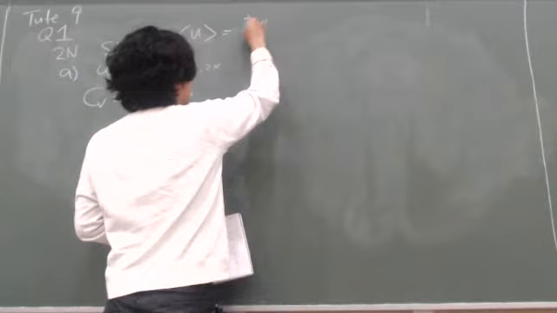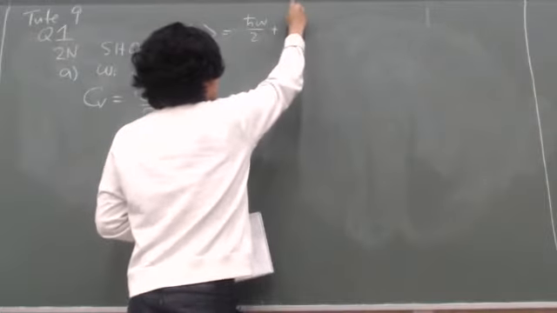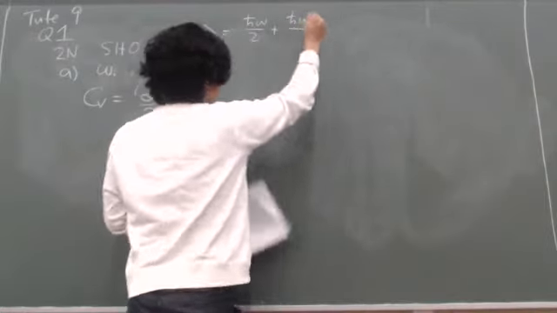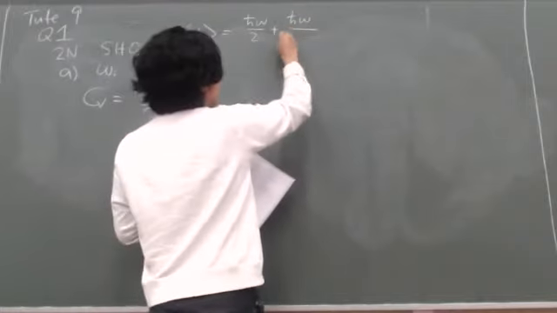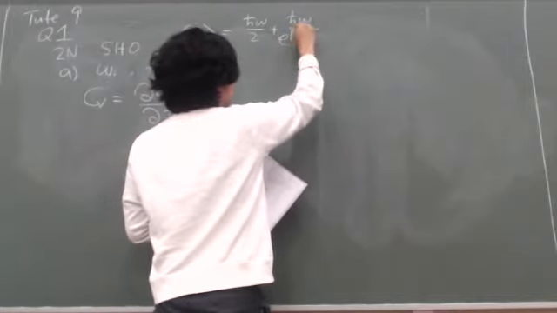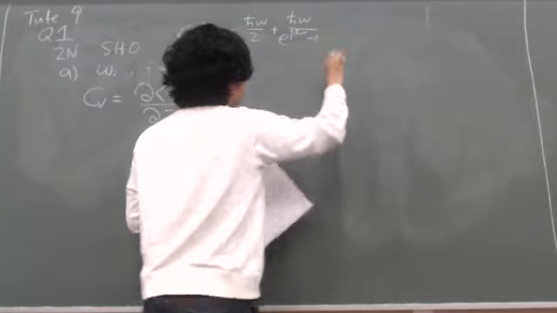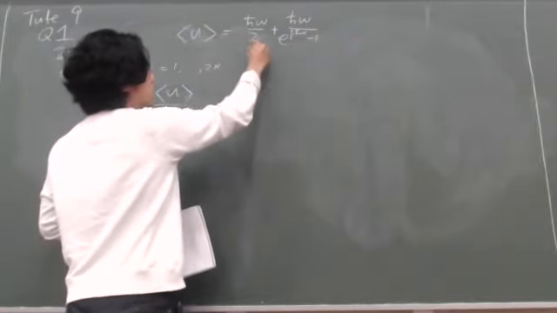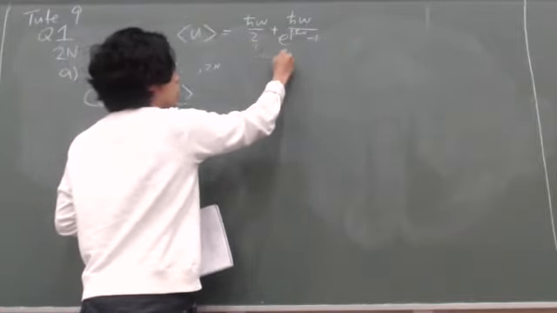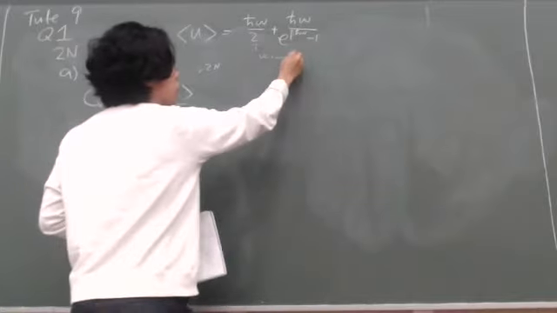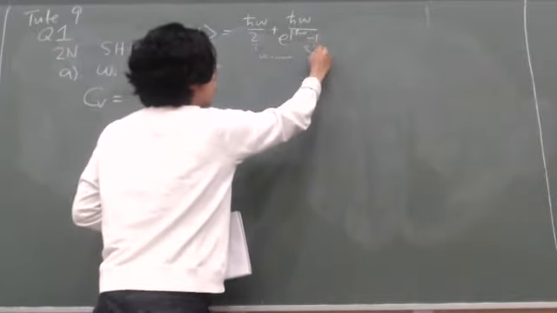H bar omega on 2 plus H bar omega divided by e to the beta H bar omega minus 1. So you have your vacuum energy or the ground state energy, depends on what field you're working in, and then you've got the thermal part.